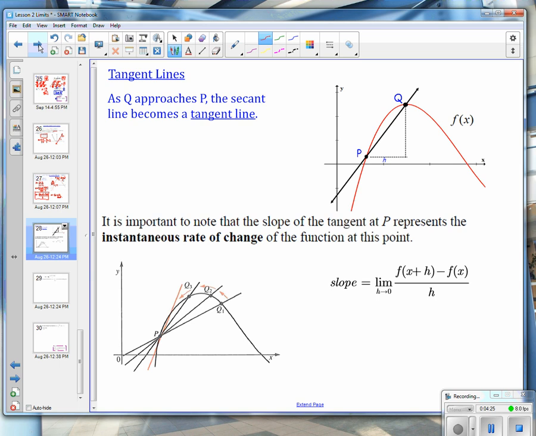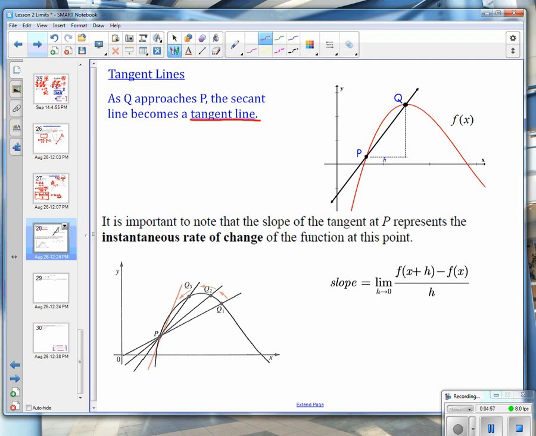So if we read through it, it says tangent lines: as Q approaches P, the secant line becomes a tangent line. So remember, guys, what a tangent line is? It basically touches a curve at 1 point. Eventually, that's what we're going to get into in calculus, where I want to find the slope at one specific point on my graph. What we're doing right now is laying the groundwork for getting into that.